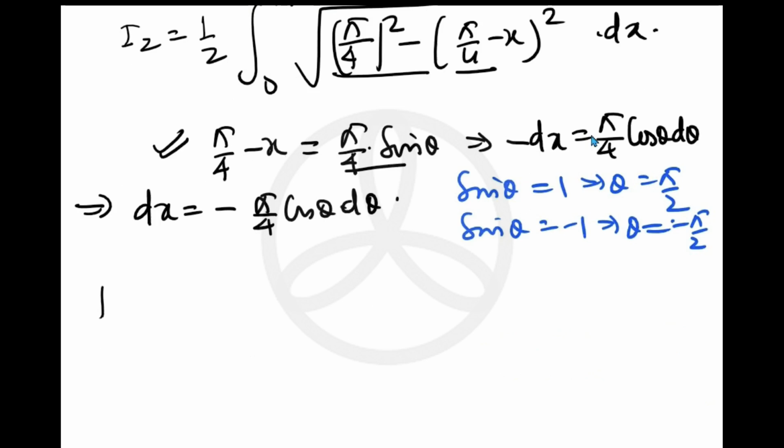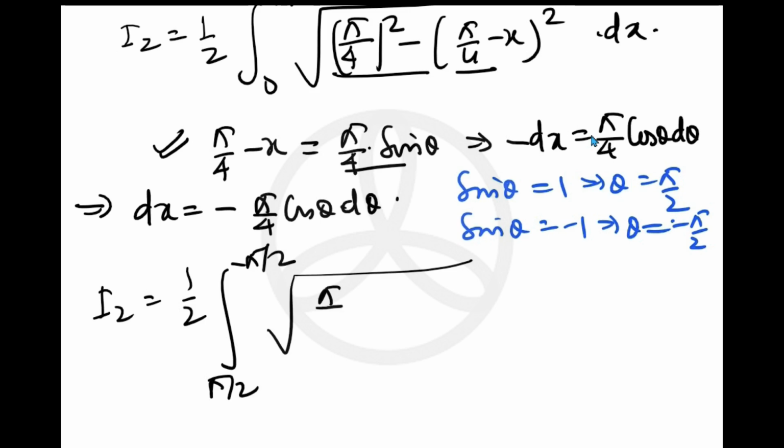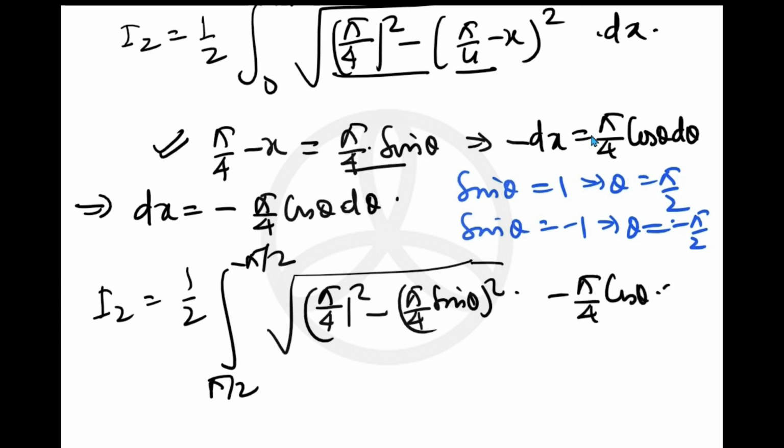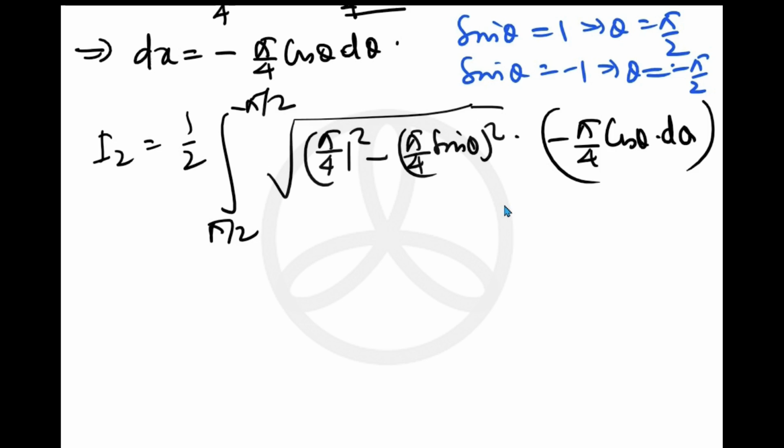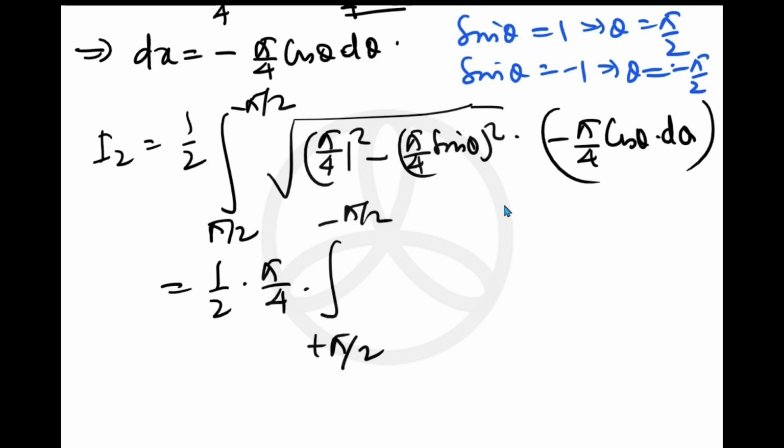So the integration will become I2 equals half of the integral from pi by 2 to minus pi by 2 of pi by 4 squared minus this one, and dx will again be minus pi by 4 cos theta d theta. I can take pi by 4 whole squared outside and it will give me just pi by 4, and here this will be 1 minus sin square theta, which becomes cos theta, and this minus also I can take outside.